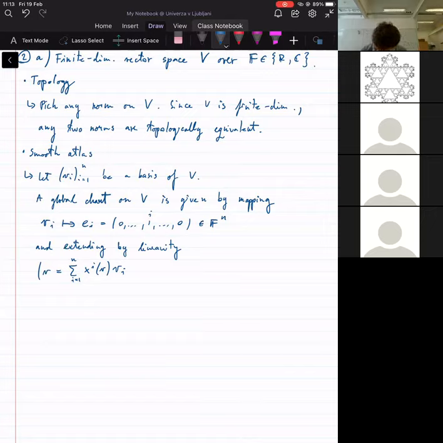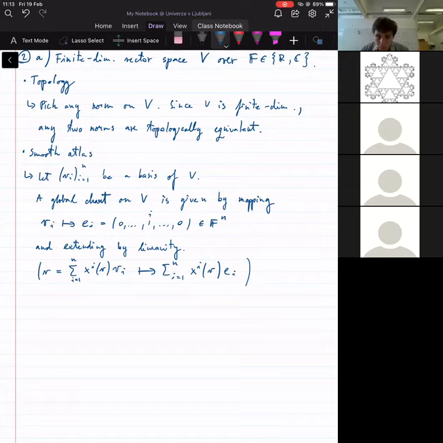So we take such an expression and we map it to the vector x^i(v) e_i. This means that we are extending by linearity. And of course, this is a global chart since it covers the whole V.